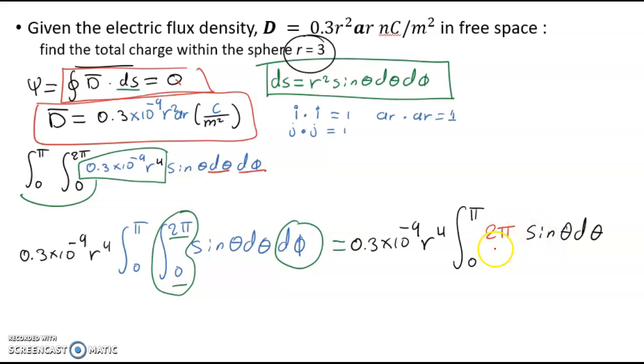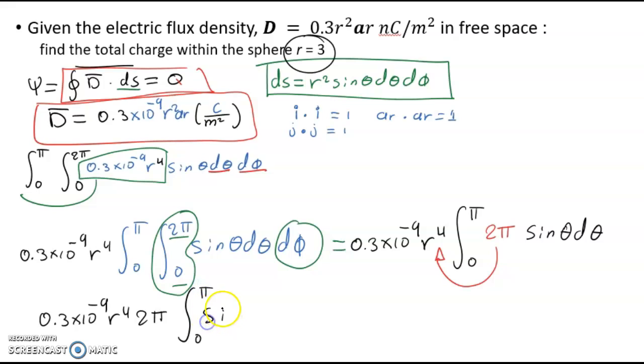Since 2 pi is a constant, it can go outside too. So we get 0.3 times 10 to the minus 9 r to the fourth, 2 pi, integral from 0 to pi of sine of theta d theta. And the integral of sine of theta d theta is minus cosine of theta.